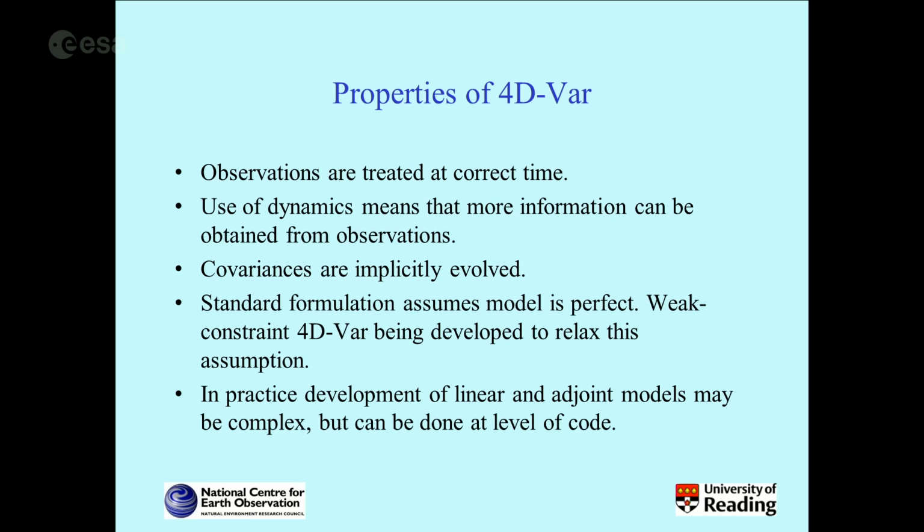In practice, the development of these linear adjoint models may be complex. It can be done at the level of the code, linearizing each line of code. But if you have a big complex model, it can be complicated. The procedure is so automatic that if you have a well-written model and you've thought about this before, there are some automatic packages where you give it your nonlinear source code and it will produce your linear and adjoint model source code automatically.